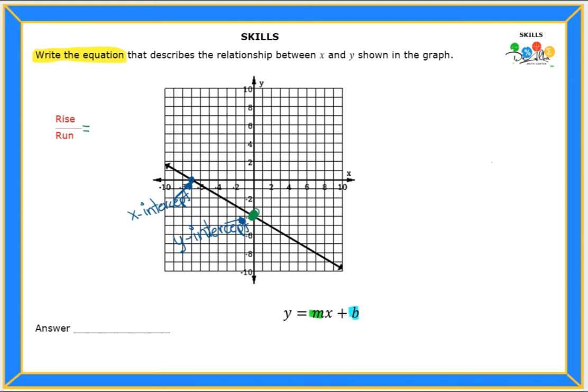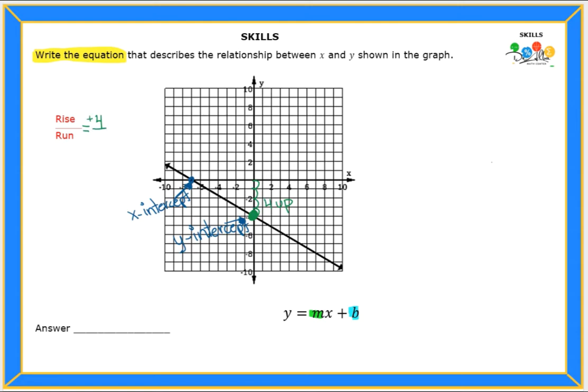So I go 1, 2, 3. I do not stop at 3 because I'm not looking across to the point yet. So I'm going to go one more. So how many did I go? I did 4 up. Okay, so I'm going to write it over here. If it goes up, it's a positive number.